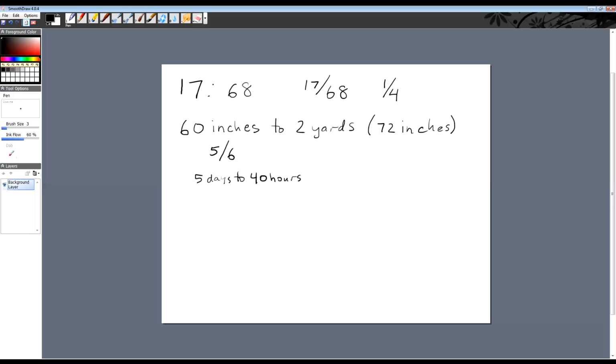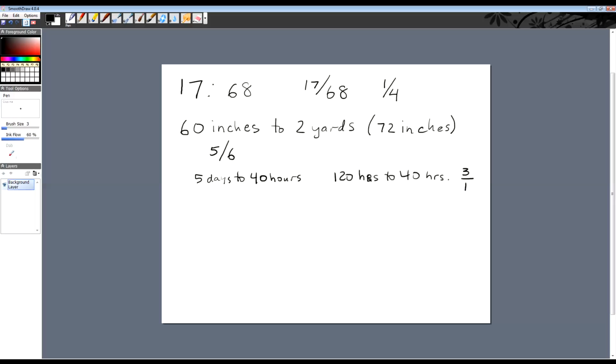A day is 24 hours, so 5 times 24 is 120 hours, to 40 hours. And we can see that 40 goes into 120 3 times. So the ratio here is 3 to 1.